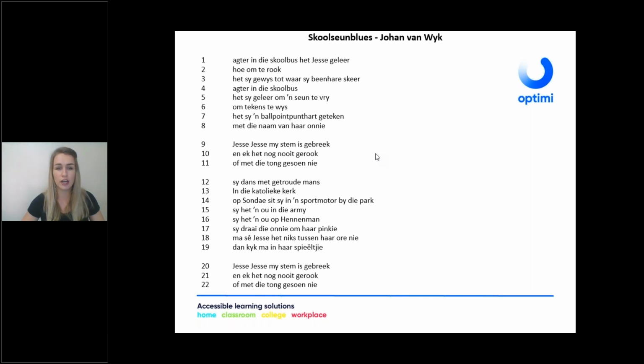Sy dans met getroude mans in die Katolieke kerk. Op Sondag sit sy in 'n sportmotor by die park. Sy het 'n ou in die army, sy het 'n ou op Henneman. Sy draai die onnie om haar pinkie. Ma sê Jessie het niks tussen haar ore nie. Dan kyk ma in haar spieeltjie. Jessie, Jessie, my stem is gebreek en ek het nog nooit gerook of met die tong gesoen nie.